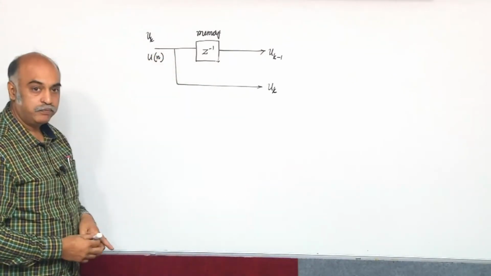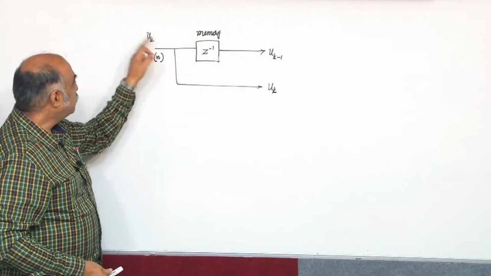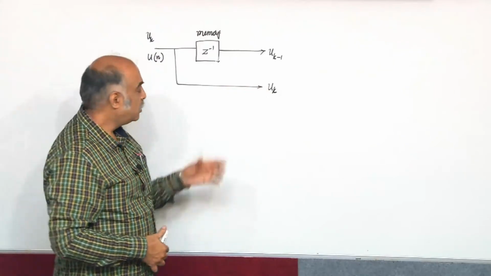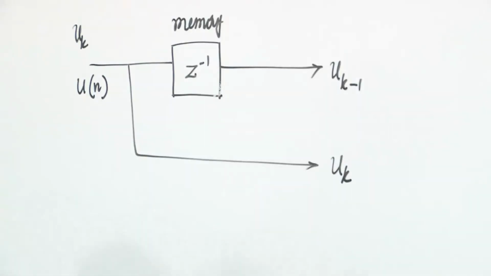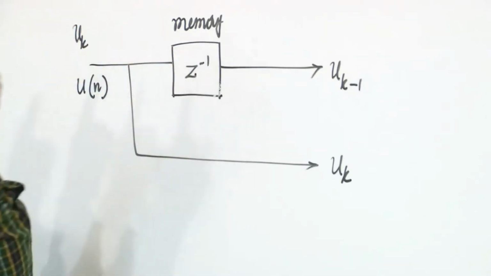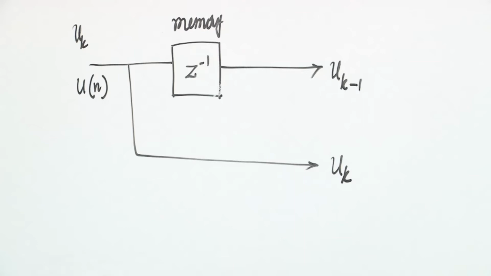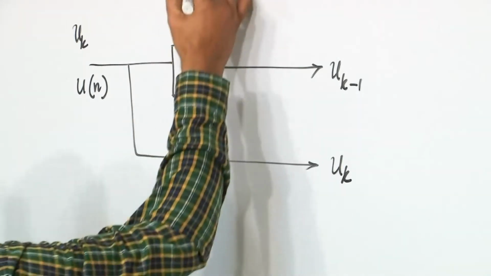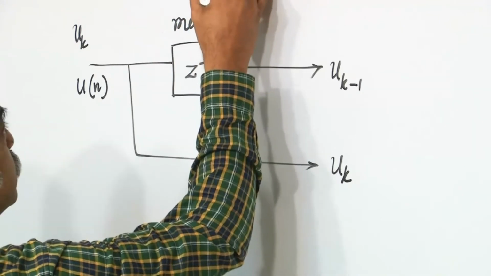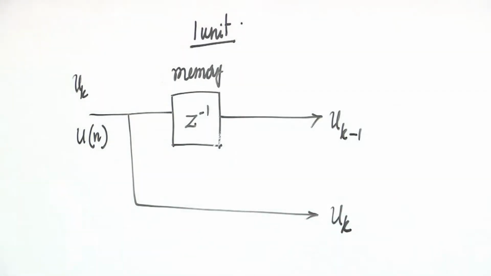Then at the next sample time, whatever is in the memory is outputted to this port, and whatever fresh value is coming in is stored. So this is a memory element. Now, it depends whether it is 1 bit, 1 byte or 1 word, depending upon the input stream. If this is a bit stream, this is a 1 bit memory. If this is a byte stream, 1 byte, or a word stream, it is 1 word. So this is 1 unit of memory. Z to the power of minus 1 would imply 1 memory unit.